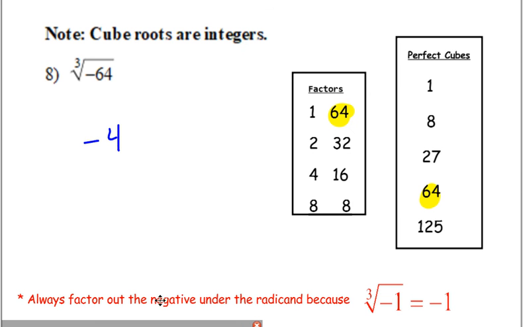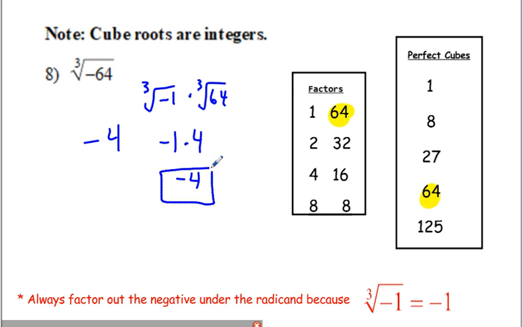We're going to always factor out the negative under the radicand, because the cube root of negative 1 is equal to negative 1. So I could have rewritten this as the cube root of negative 1 times the cube root of 64. The cube root of negative 1 is negative 1, and the cube root of 64 is 4, and then that would equal negative 4. That's how you simplify cube and square roots.